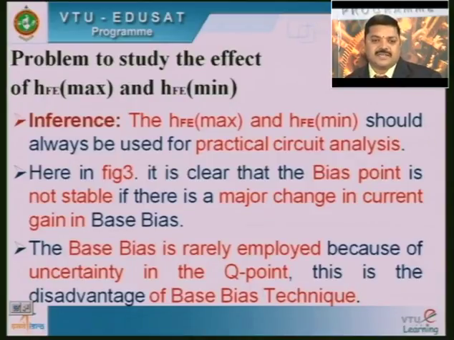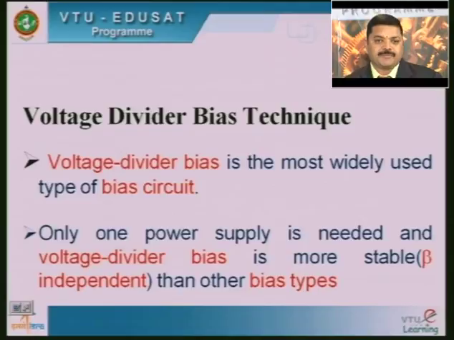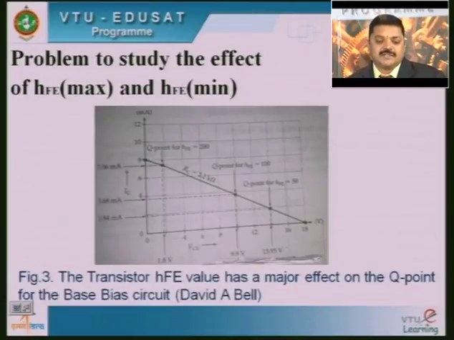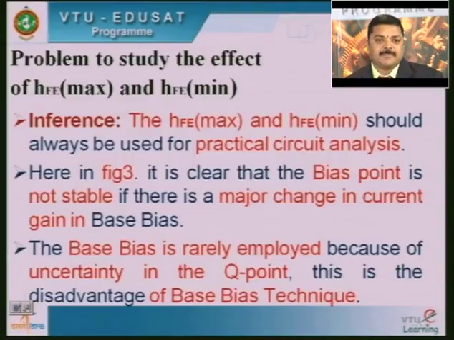Here in figure 3, that is the graph which we have shown previously. In figure 3, it is clear that the bias point is not stable if there is a major change in the current gain.